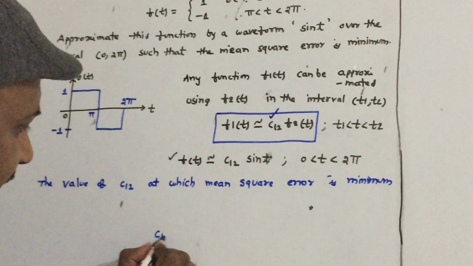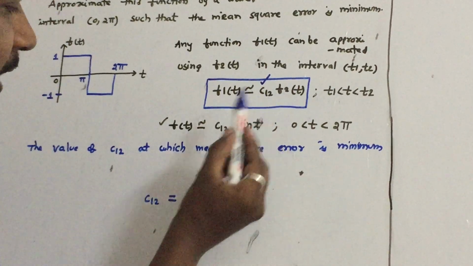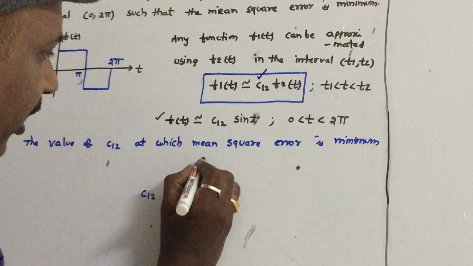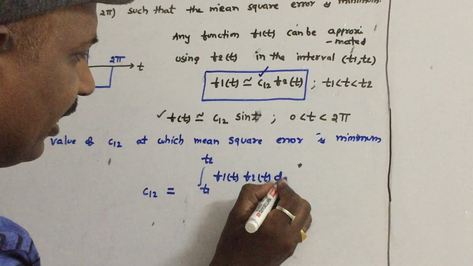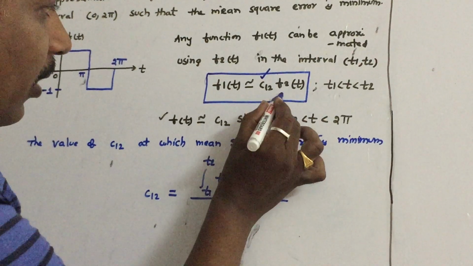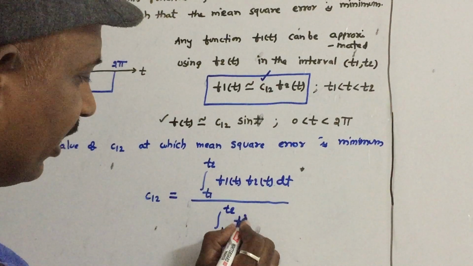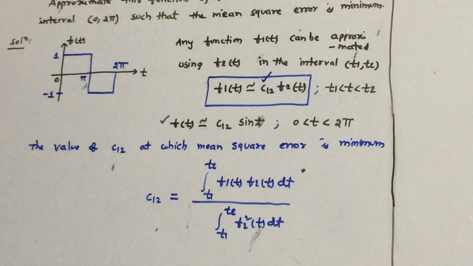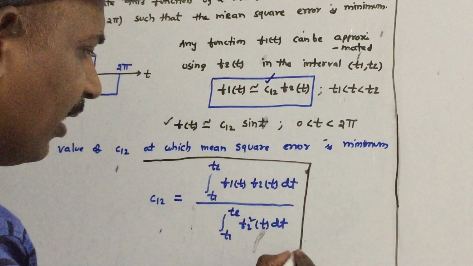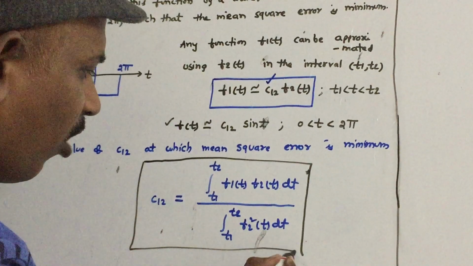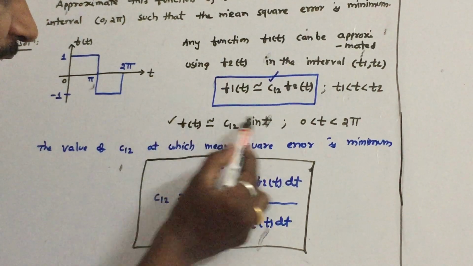C12 is equal to the integral from t1 to t2 of f1 of t into f2 of t dt, divided by the denominator, the integral from t1 to t2 of f2 square of t dt, similar to what we discussed in vectors. This is the formula we use to calculate C12. Our objective is just to calculate C12 and substitute it; that is the answer for this problem.